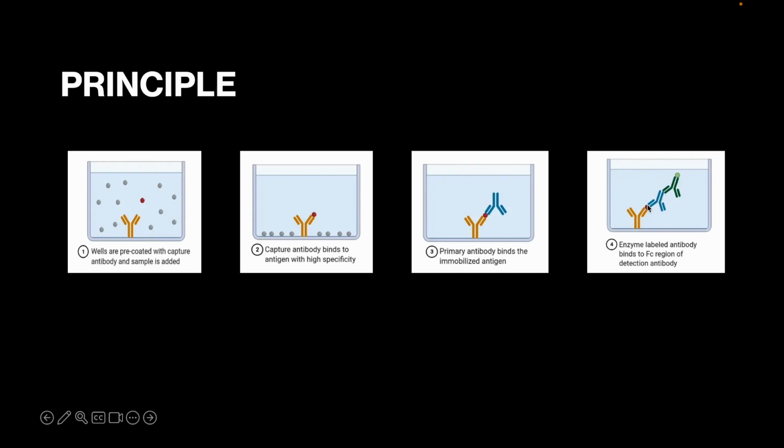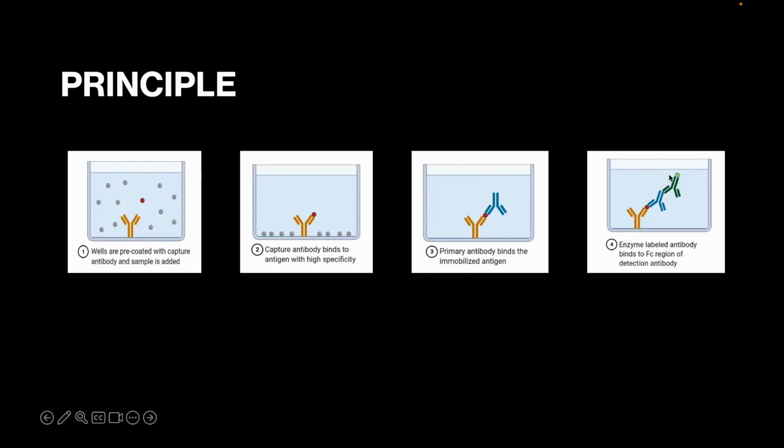So we have the first antibody which is immobilized, then the antigen, then the antibody which is specific for the antigen, and then we put another antibody called the secondary antibody, which is not very specific because it just binds to this Fc region, which is the same for different antibodies.